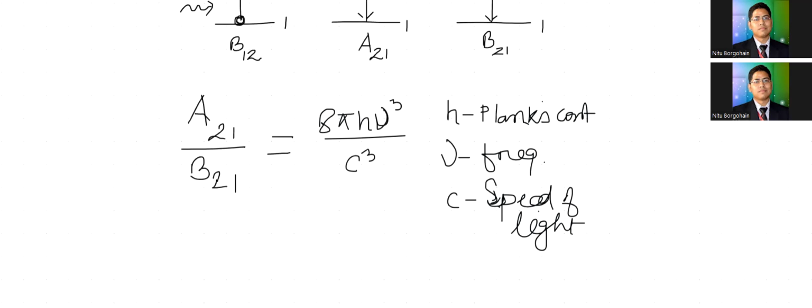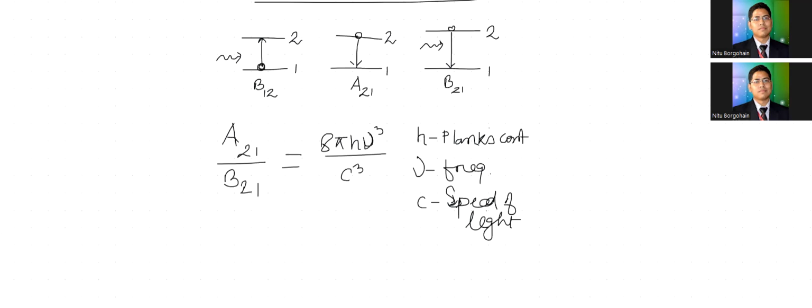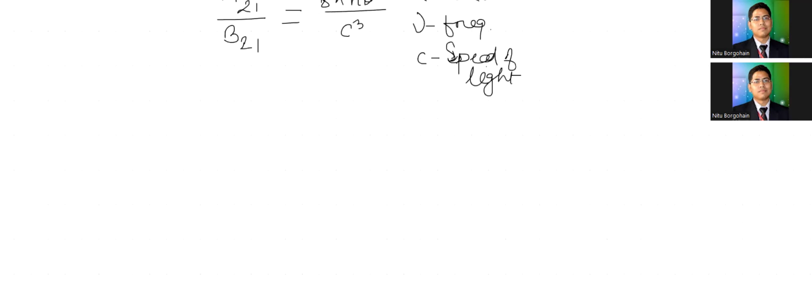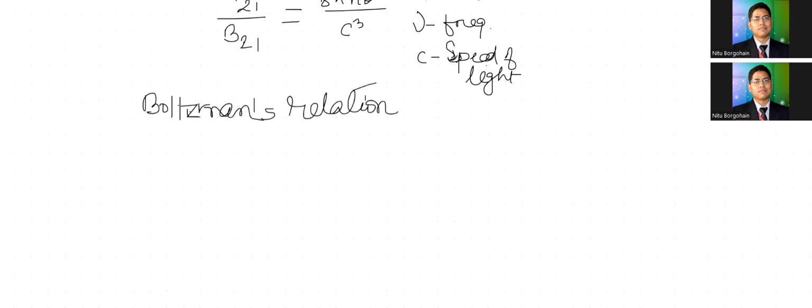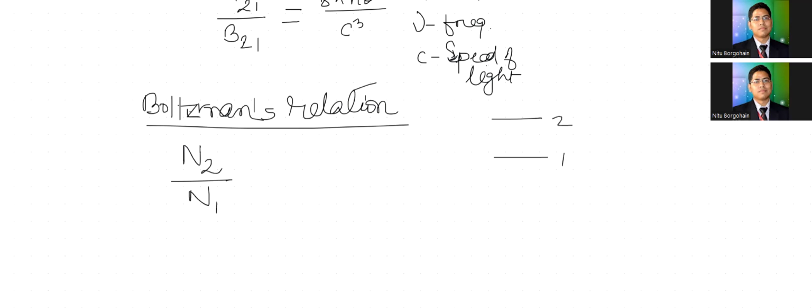Then another important point to be discussed is Boltzmann's relation, which is given by N2 by N1. Now, what is this N2 by N1? Let us consider these are the two states, 1 and 2, and this is the number of atoms in state 1, that is N1.